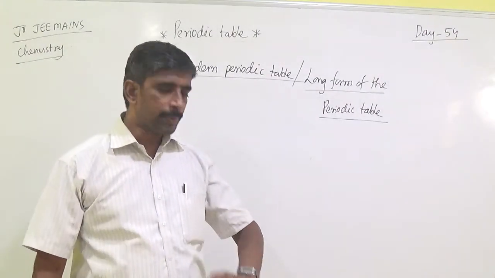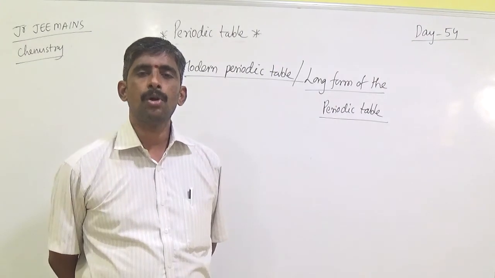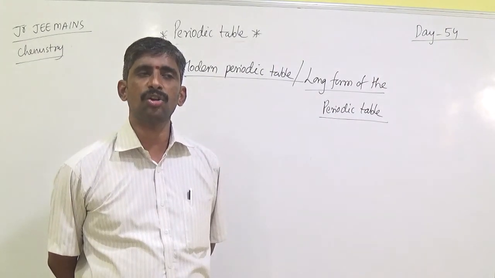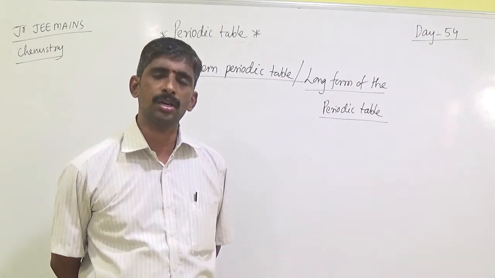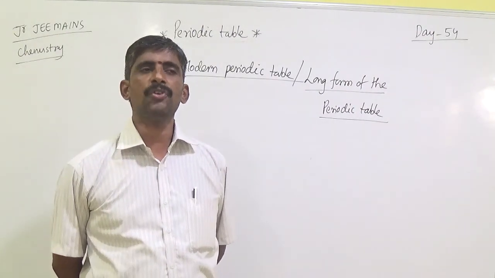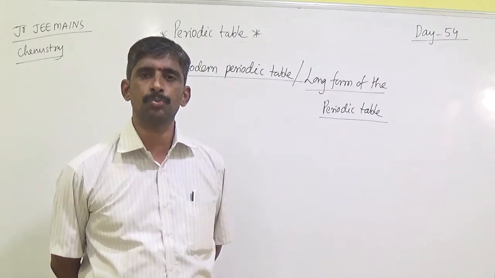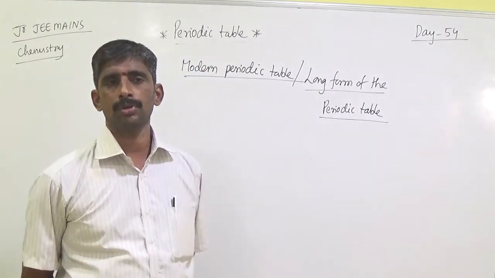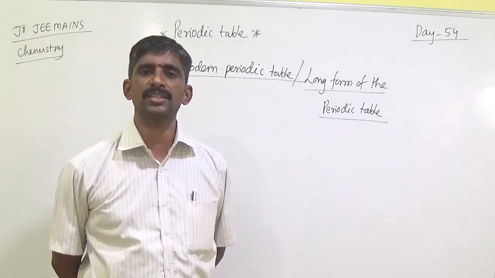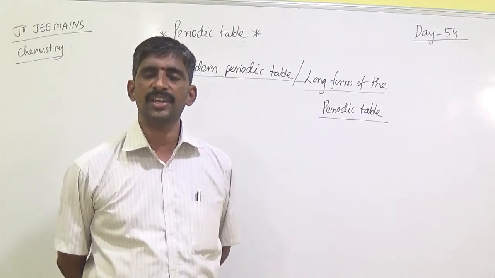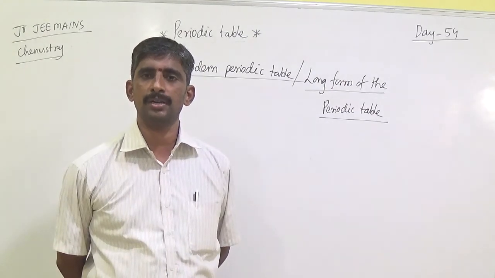The modern periodic table depends on the electron configuration or atomic numbers. The long form of the periodic table and the modern periodic table are the same. It was constructed by Niels Bohr. Statement: the physical and chemical properties of the elements are a periodic function of the electron configuration or atomic numbers.